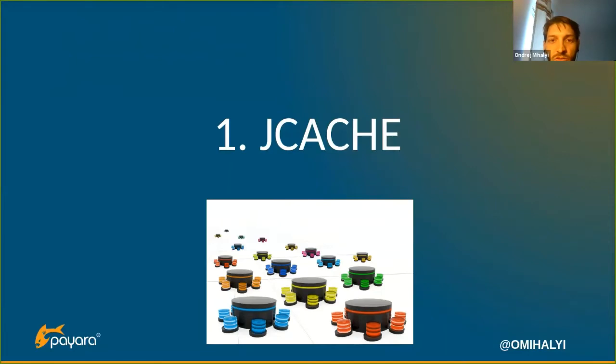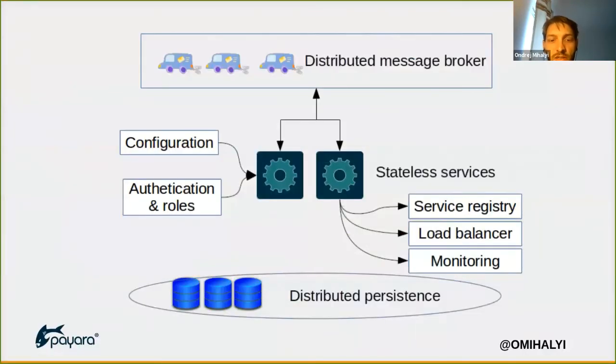If you need to persist the data stored in JCACHE, you can also add listeners on the cache, what are called write-through and read-through listeners, which allow you to persist data that is stored in memory in JCACHE, and also deal with the data when it's removed from JCACHE.